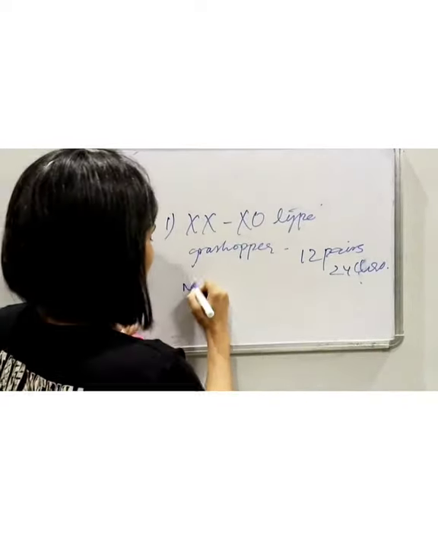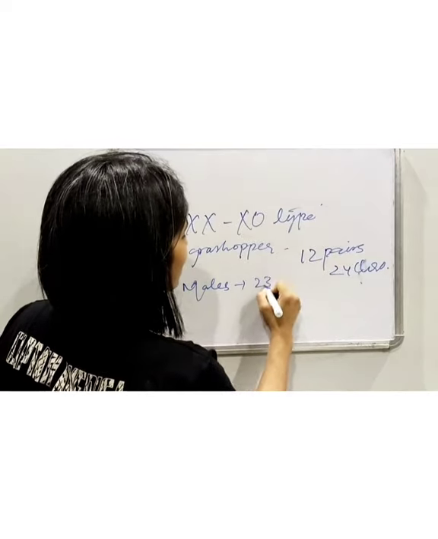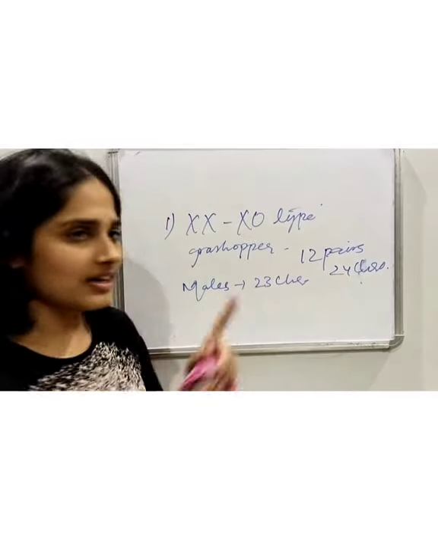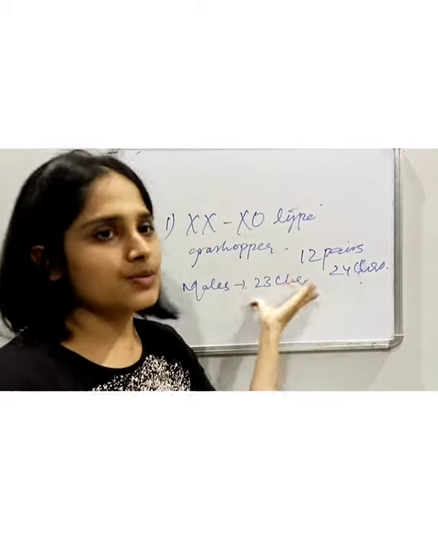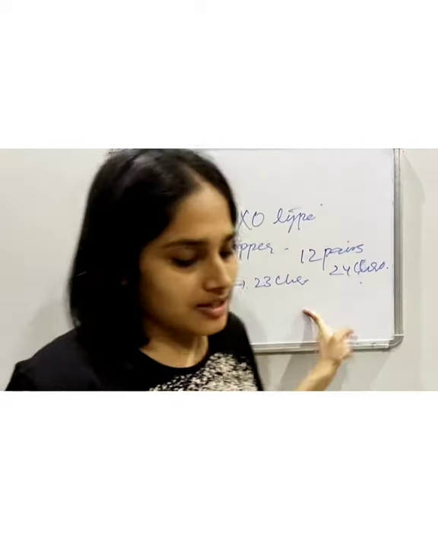Males only have 23 chromosomes, not 24. It means they have 11 pairs plus 1 single chromosome.